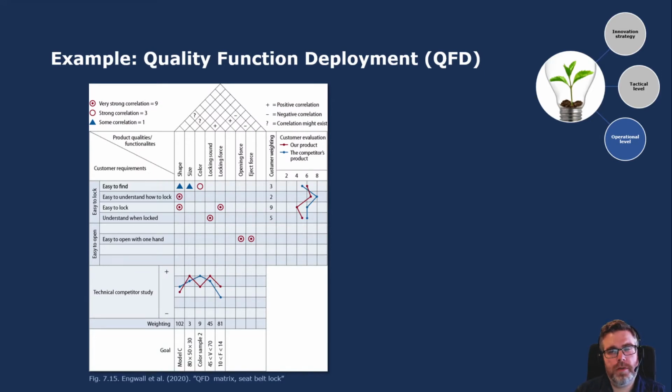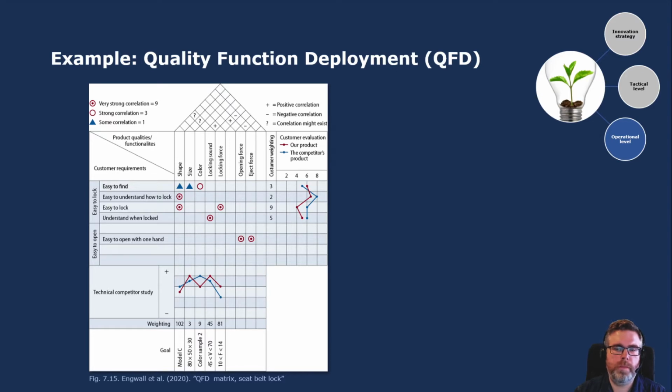Quality function deployment, QFD, works basically this way, that you have customer requirements or customer needs here, and then you try to match these with product qualities or functionalities or characteristics here. So you try to make sure that you cover the important customer requirements with good product qualities or quality characteristics of the product here.